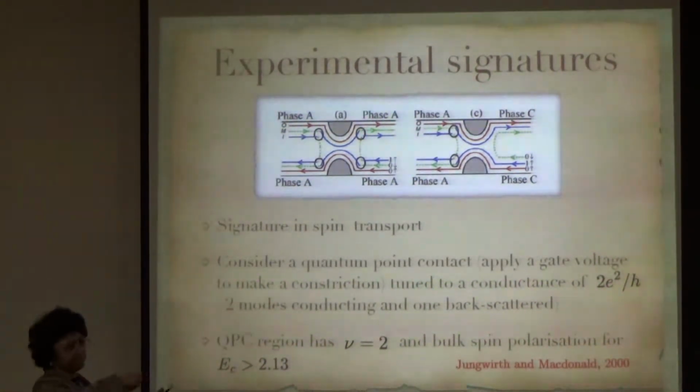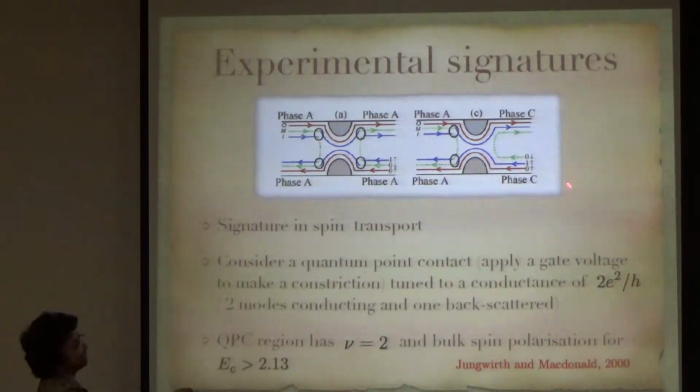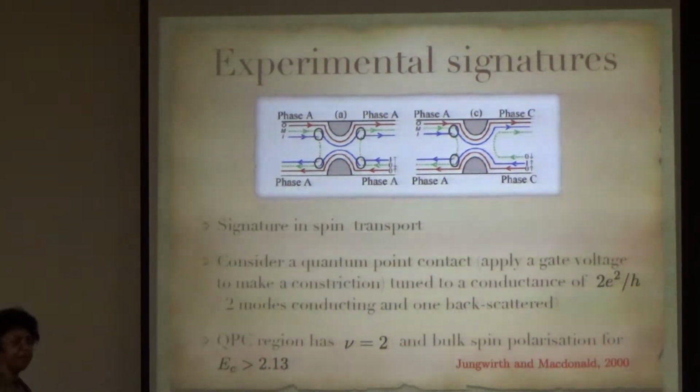But if I change the slope on one side to make them phase C, you can have an incoming current which is unpolarized, but an outgoing current which is completely polarized, because this is 0 up, 1 up. So these kinds of things can be done, and one could see whether such scenarios do happen.